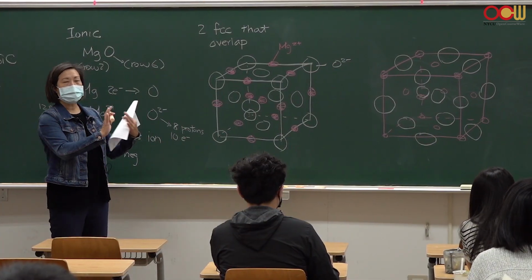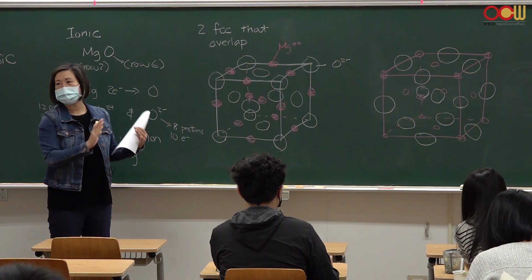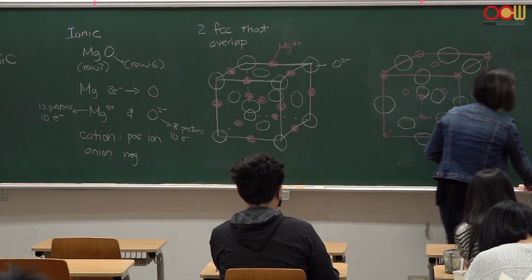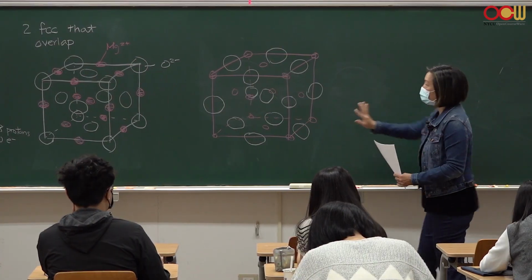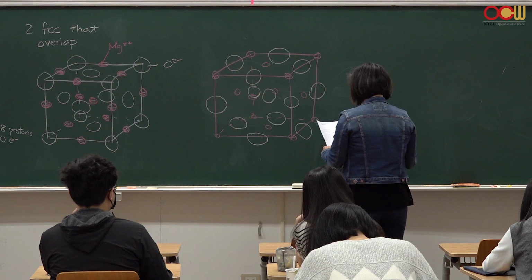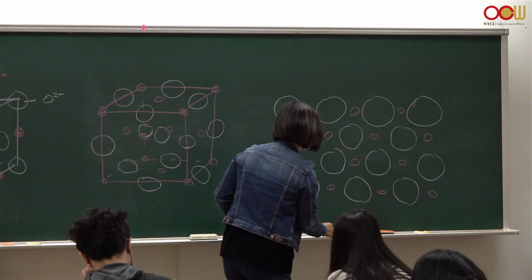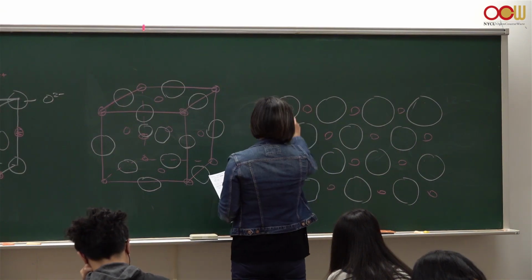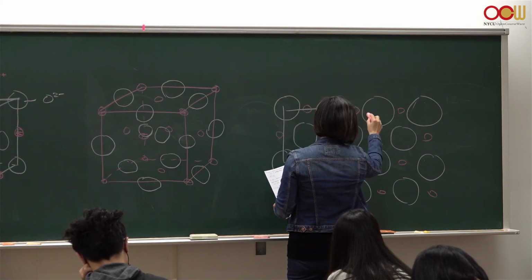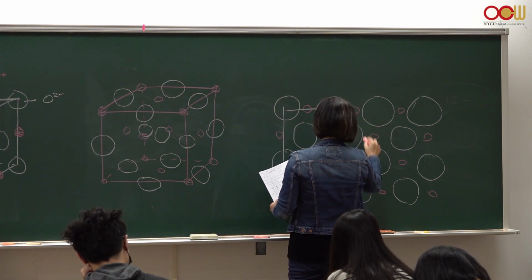Okay, so there are 2 FCCs that are just shifted slightly with each other. Let me draw one more way to visualize this. If we were looking at this just 2-dimensionally from the front, it would look something like this. Okay, so you have an FCC here, and you also have an FCC here.